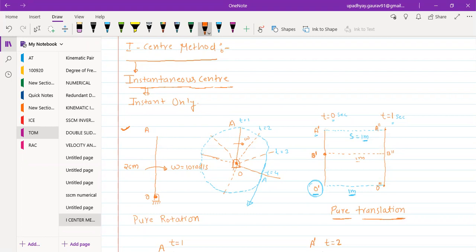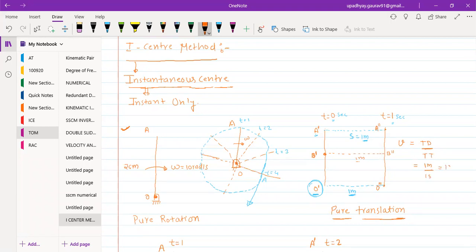So can we calculate the linear velocity for the given link? Yes, sir. How can we calculate it? Sir, velocity is total linear distance traveled upon total time, ds upon dt, sir. Yes. So the total distance traveled is 1 meter, and the total time taken by this link is 1 second.